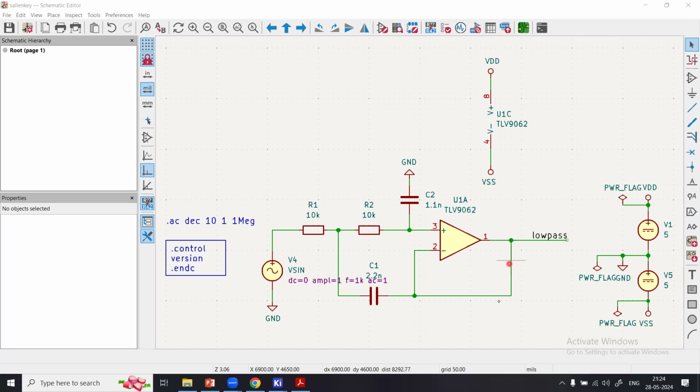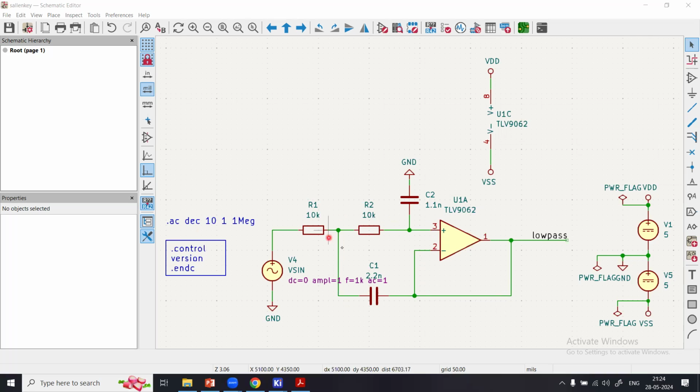So from the output back to the junction point, which is basically coming here to the positive pin, we see there is a positive feedback as well. So that's why the special arrangement, when we do this, is called a Sallen-Key filter.